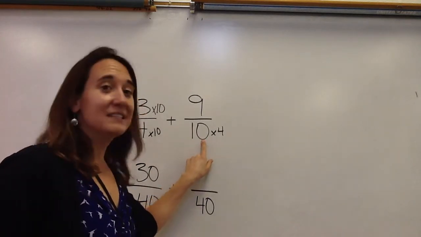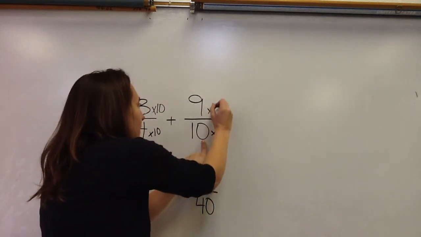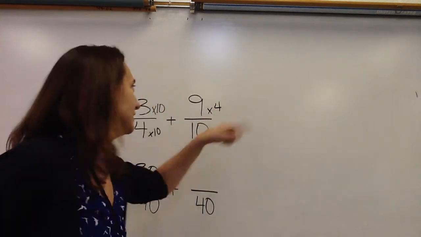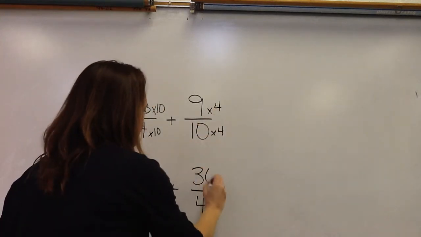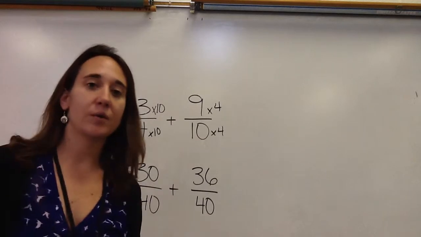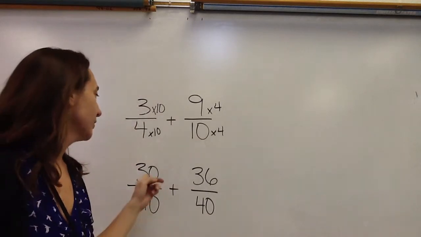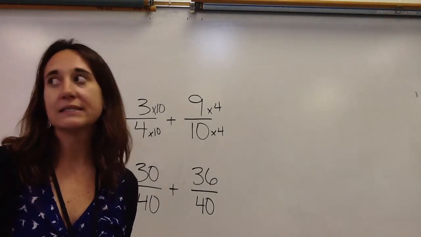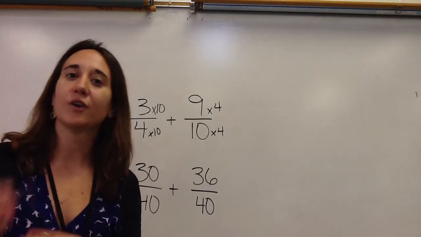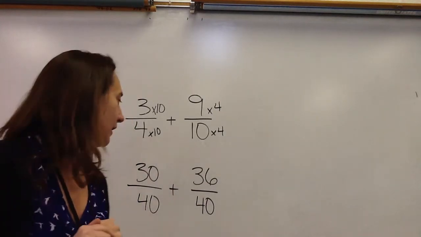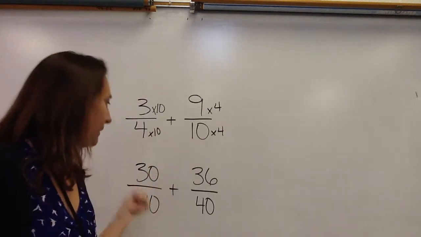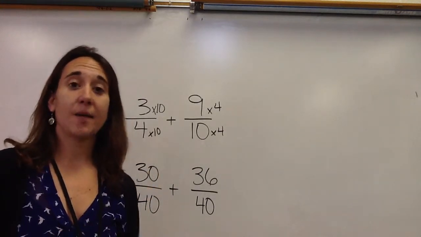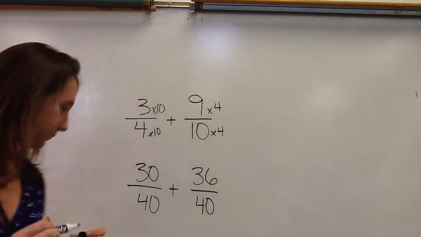If we multiply this denominator by 4, we've got to multiply this numerator by 4. 9 times 4 is 36. Okay, so now we know that we are just going to add 30 plus 36. We'd end up with 66, 66 40ths. We'd have to convert into a mixed number and all that jazz. But this is how you would set it up to be ready to add.